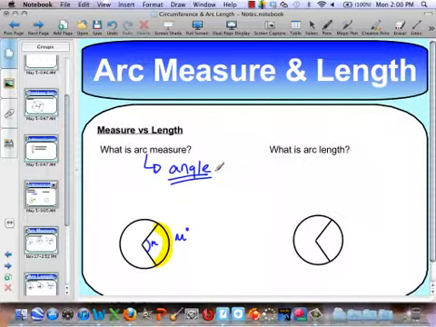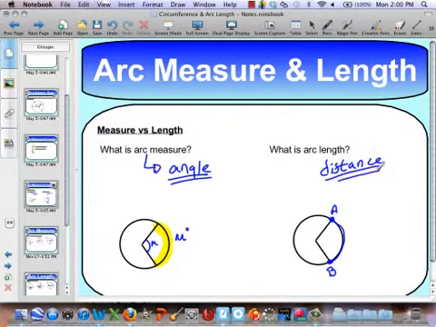The arc length is the actual distance from point A to point B as you go along the circle. Now, how many degrees are in a circle? 360 degrees.